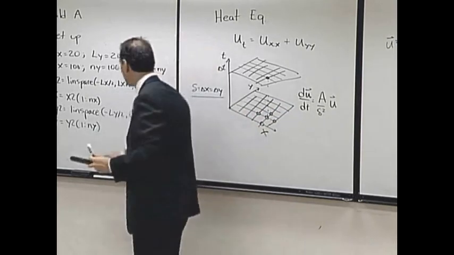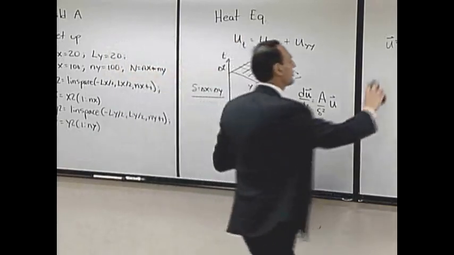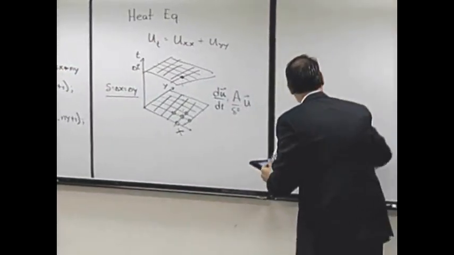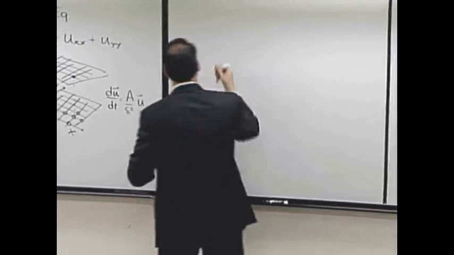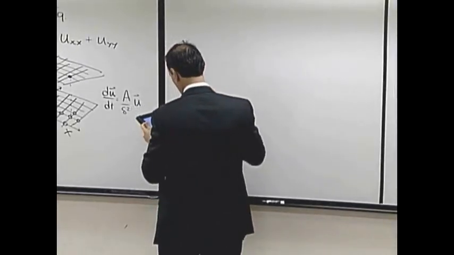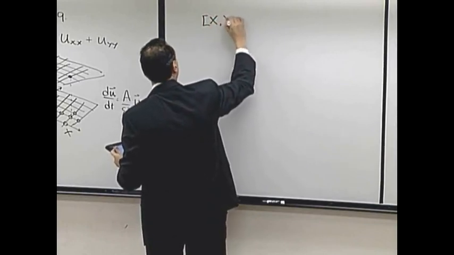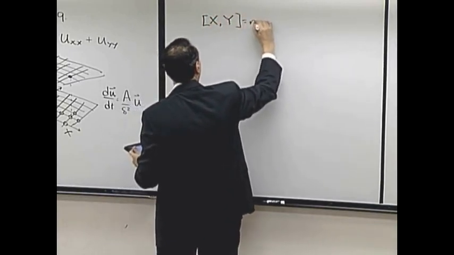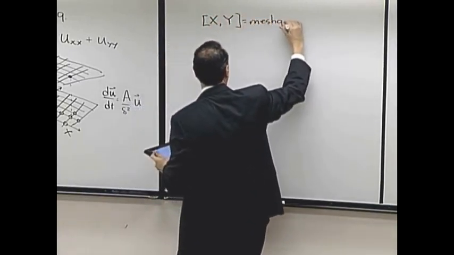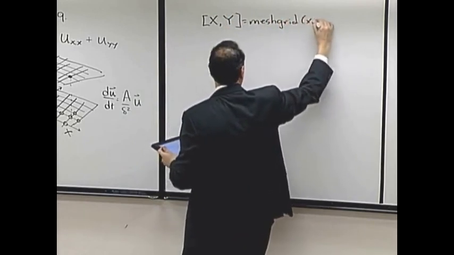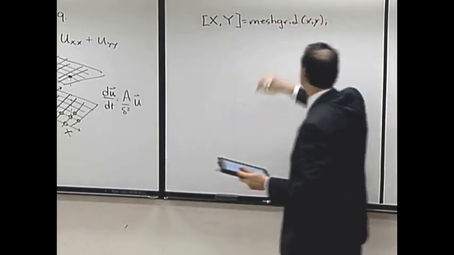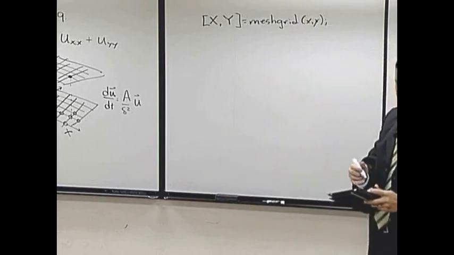To do that, we do what's called the meshgrid command. Here it is. Call them capital X, capital Y. They will be meshgrid x, y. Good?